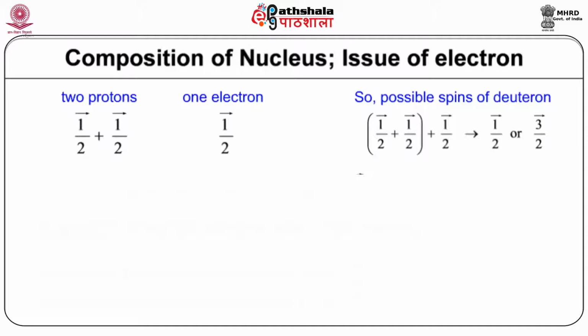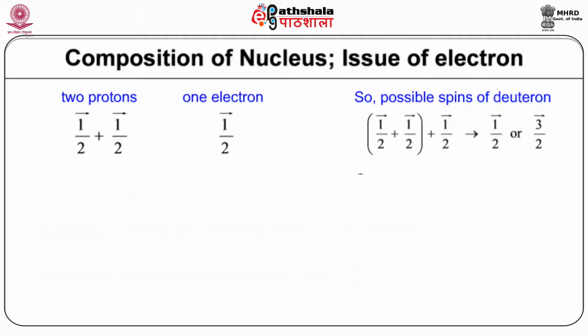That is, either the value will be half or 3 by 2. This half value is because inside the nucleus, the two protons will be paired up with spin directions opposite to each other, so they may cancel out. So the total spin related to the protons will be 0, plus 1 by 2 which is the spin related to the electron. So the first value of the resultant spin is 1 by 2.